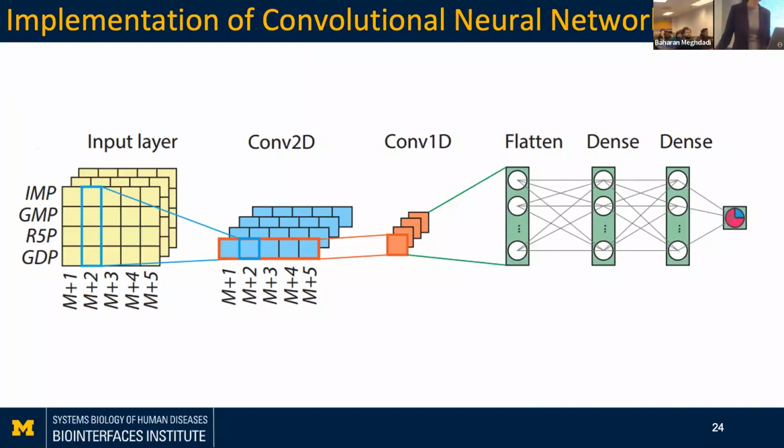I think the flattened layer doesn't have any trainable parameter, but the convolution layer has some. And by adding this, I could see about a 30% increase in our correct prediction rate.